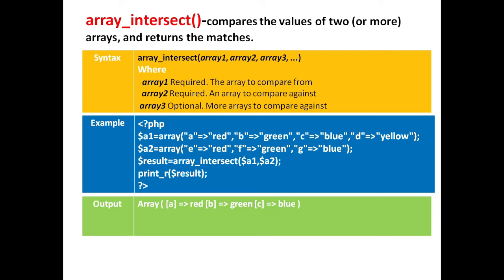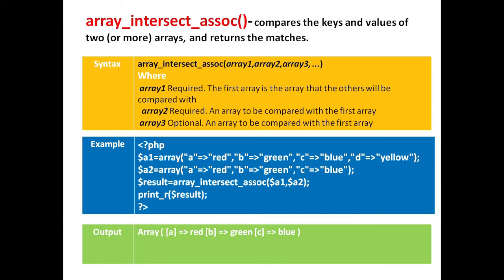both the arrays. Next is array_intersect_assoc, which compares keys and values of two or more arrays and returns the matches. General syntax is array_intersect_assoc with array 1, array 2 and array 3, where array 1 is the first array that the others will be compared with. Array 2 is an array to be compared with the first array.